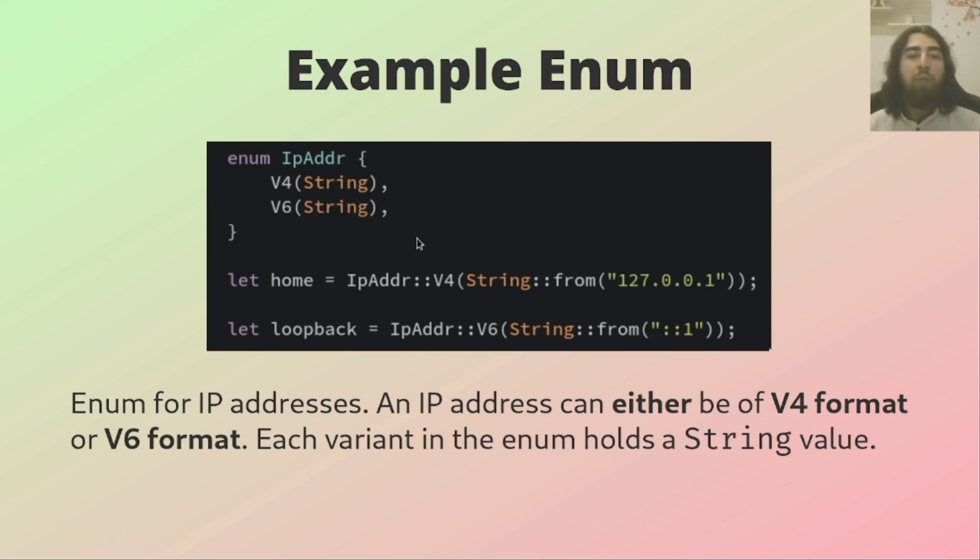In an enum we instantiate the enum only with one single variant. Alright, so this home variable will then hold an instance of the IP address enum, and this loopback variable over here will also hold an instance of IP address, but using the variant v6. And by the way, this is the old format of IP addresses and this is the new one.